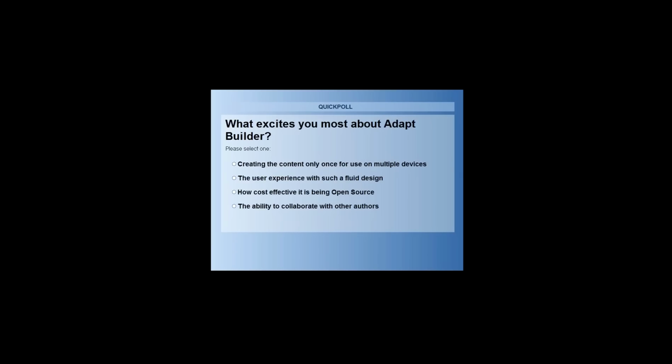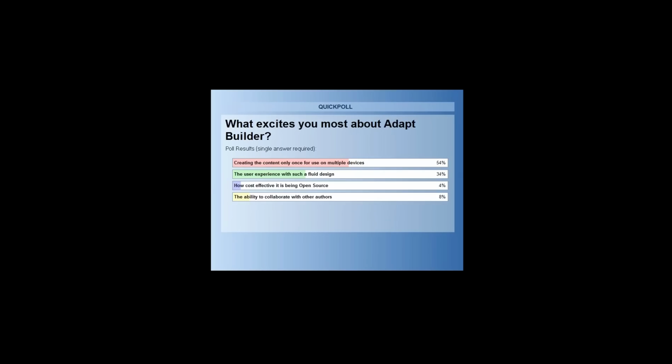So Lisa, looking at that, perhaps understandably, the fact that creating the content once for output to multiple devices is appealing, because who wants to do anything more than once, it has to be said. So I think that is very exciting about Adapt. I would certainly agree with that. And the ability to collaborate with other authors is coming in low, which perhaps surprises me, but maybe it'd be interesting to know a bit about that.